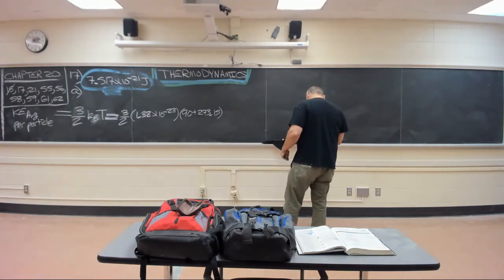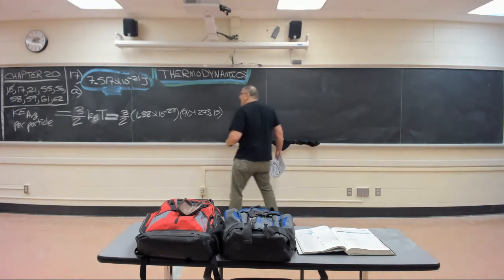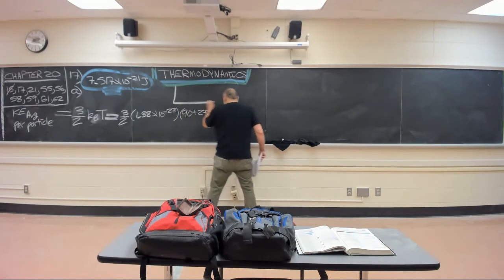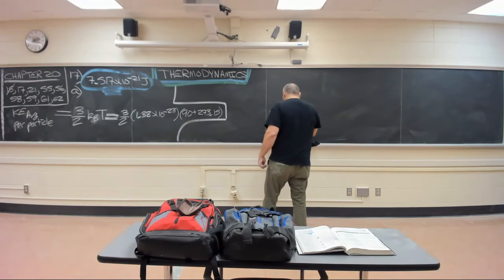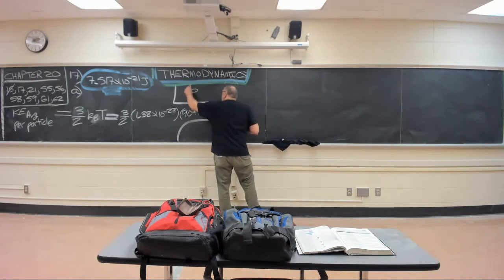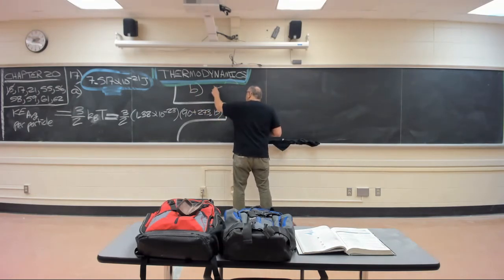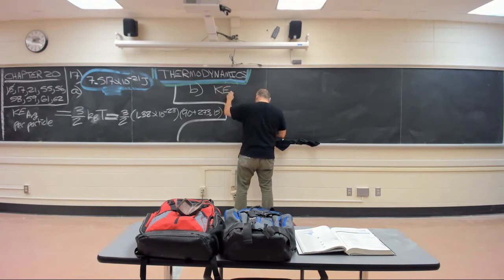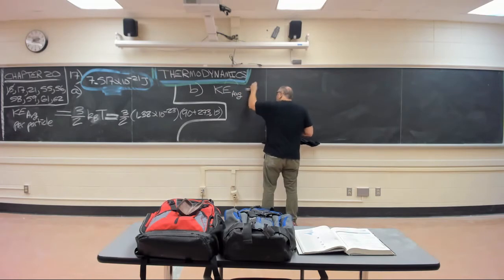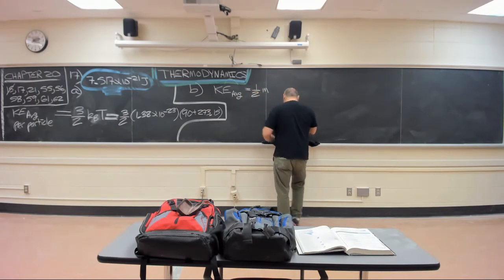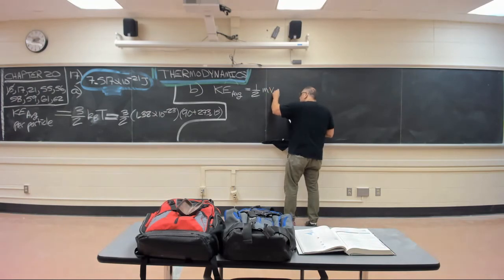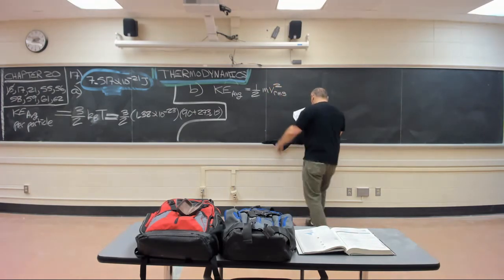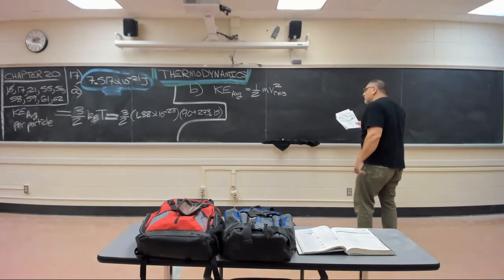B, they're trying to find how fast is one going, how fast is the other going. The basic move you're making for both of these is that the average kinetic energy is 1/2 m VRMS squared.